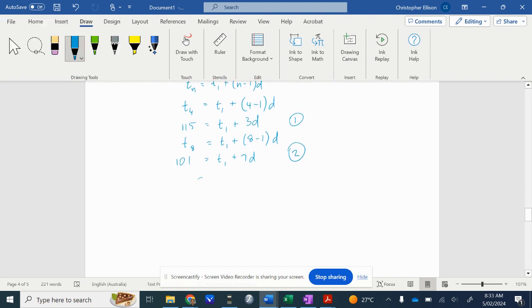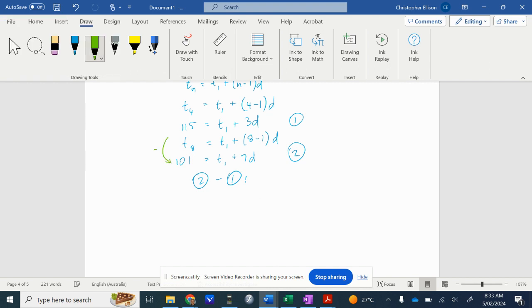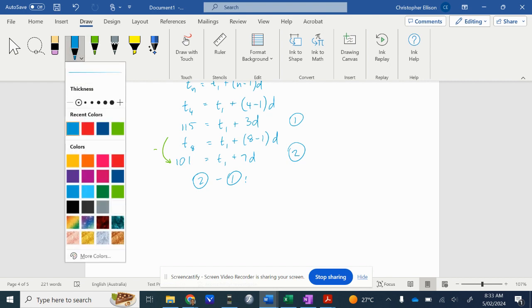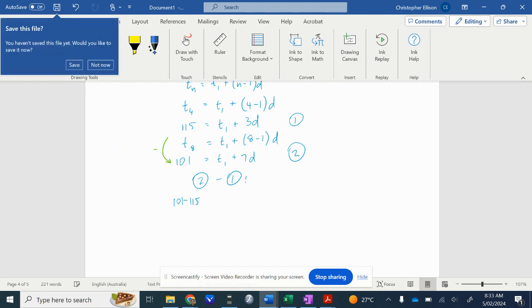Now, same as before, we're going to go equation 2 minus equation 1. Which means we're going to go 101 minus 115. I don't know if that was clear last time. 101 minus 115 on this side of the equation.